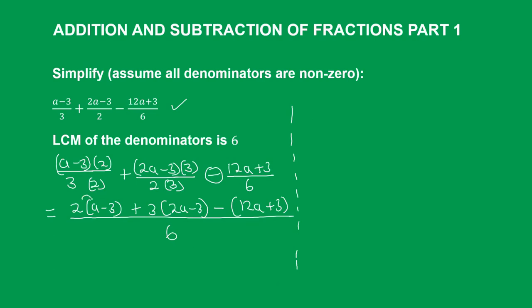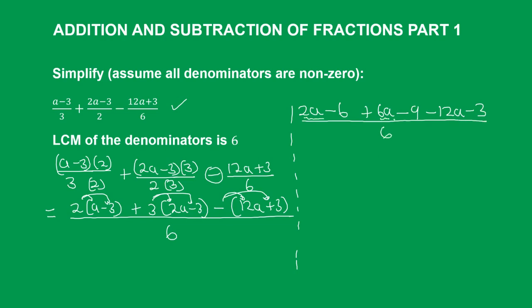So we distribute the 2 there, distribute the 3, distribute the 3, distribute the negative 1, and distribute the negative 1 there. So we get 2a minus 6 plus 6a minus 9 minus 12a, then minus 3. All this over 6.